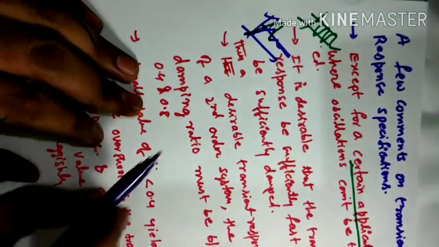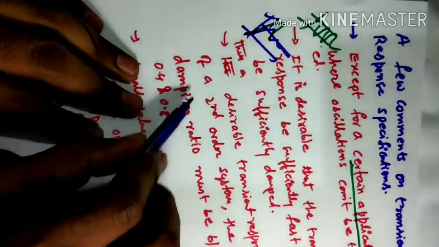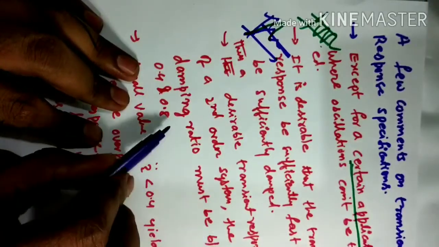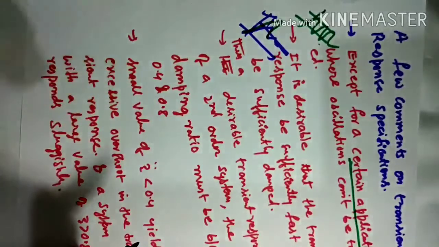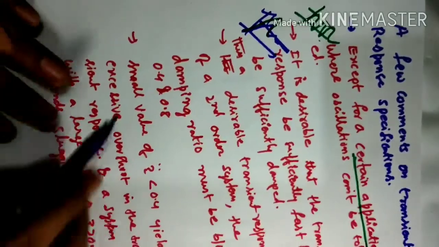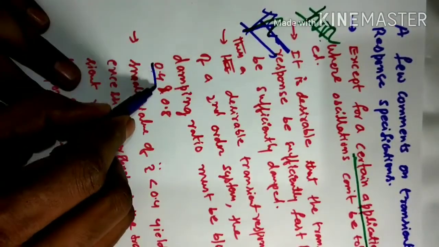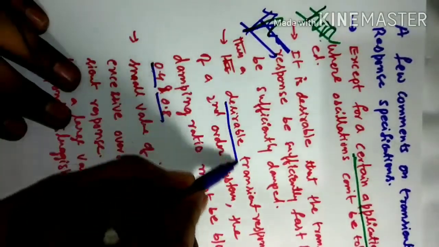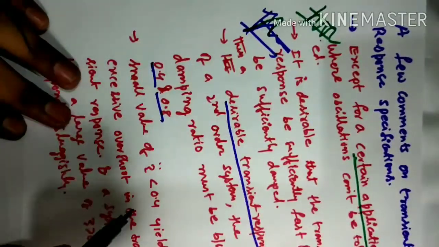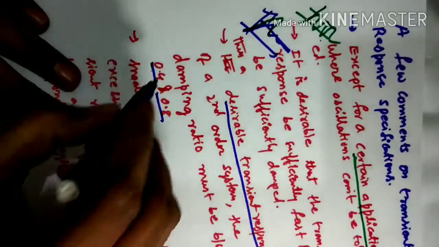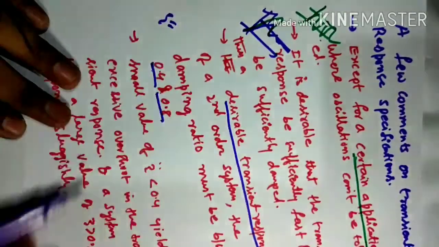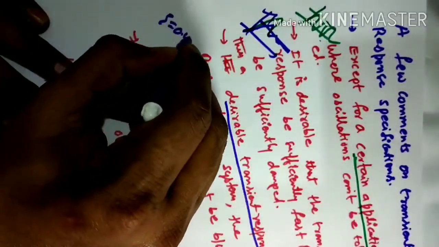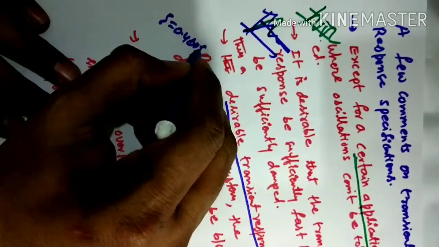Next, for a desirable transient response of a second order system, the damping ratio must be between 0.4 and 0.8.